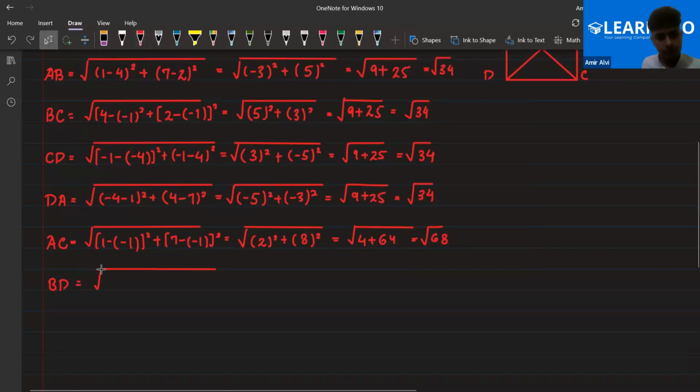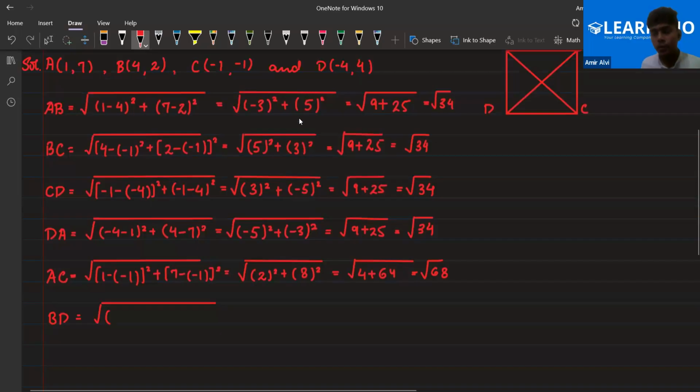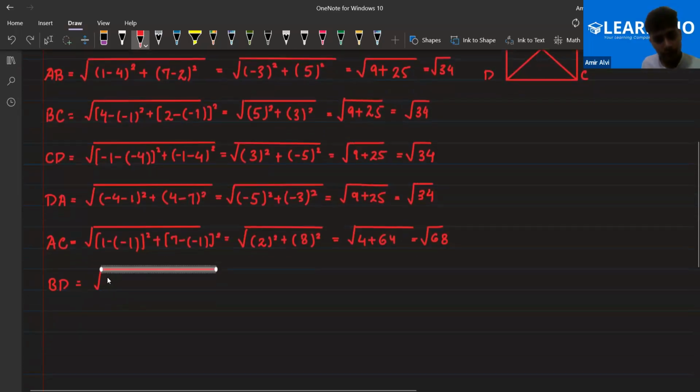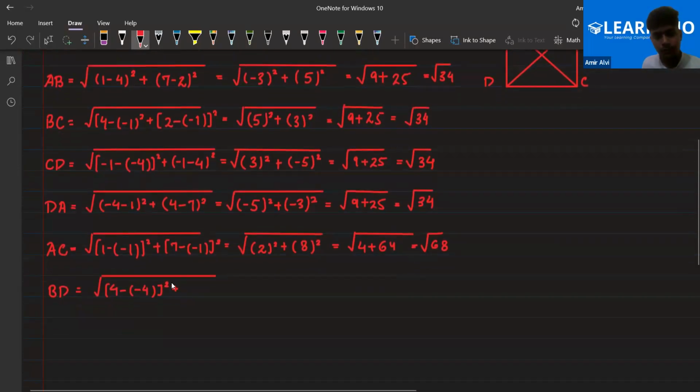Yes, sir. Okay. This chapter is very, very easy. So BD is BD 4 minus of minus 4. You just have to substitute the values here, plus, and that is 2 minus 4.